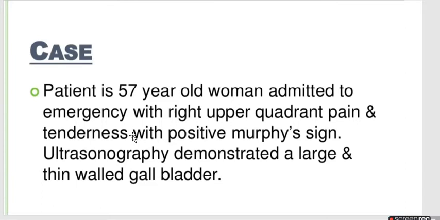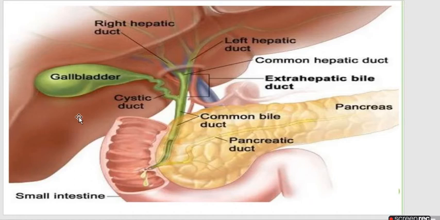After this lecture, you will know how to diagnose. This case is just to give you an idea about how to diagnose the condition. This is the basic anatomy of the biliary system and gallbladder.